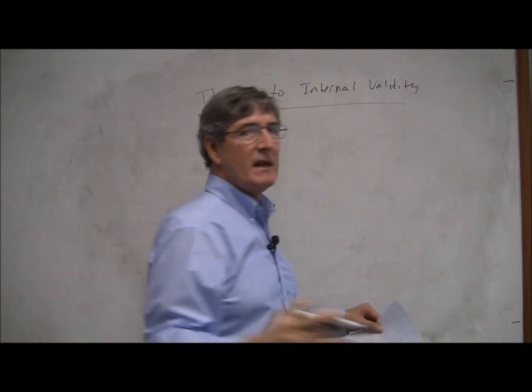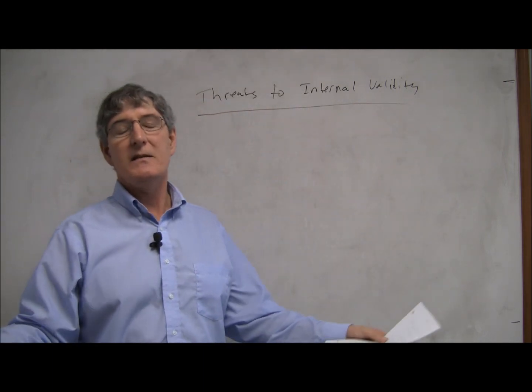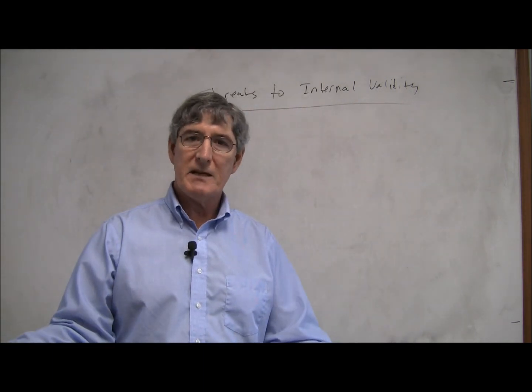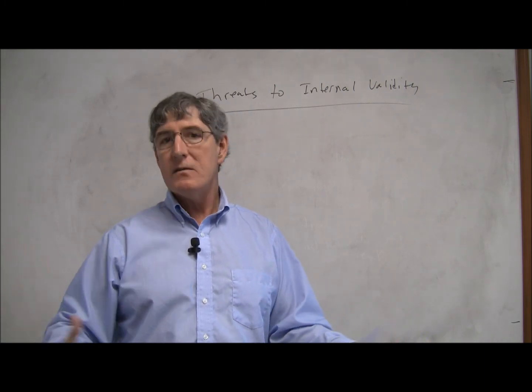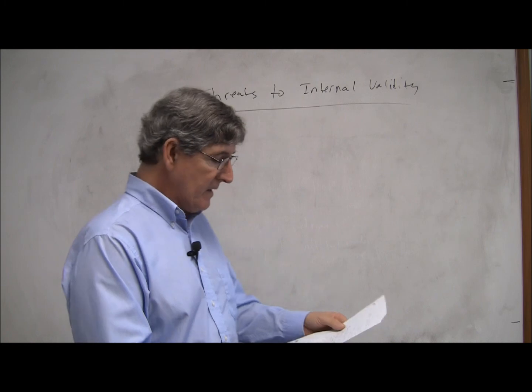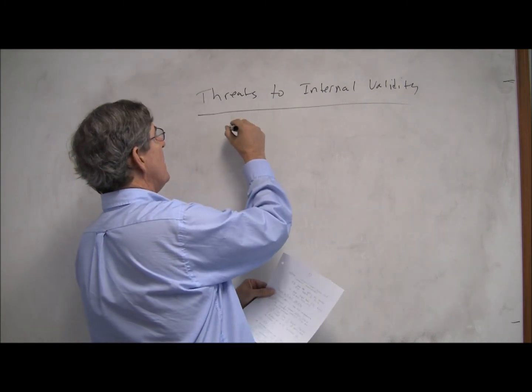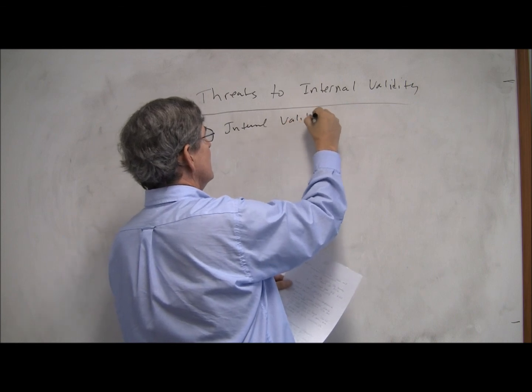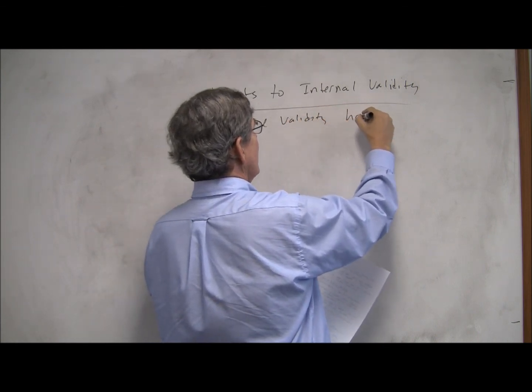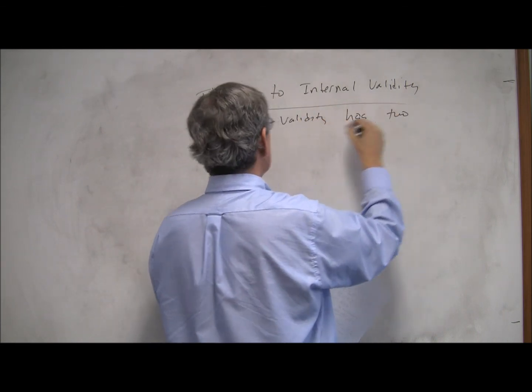Internal means within the sample, the population, the sample from the population within the particular setting. So within this setting and for the given population, to what extent are your estimates good? So internal validity has two components.